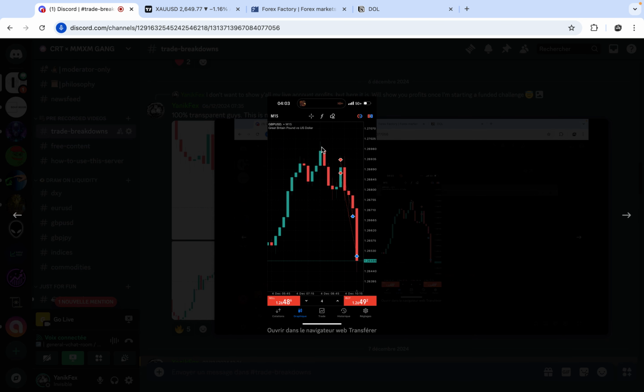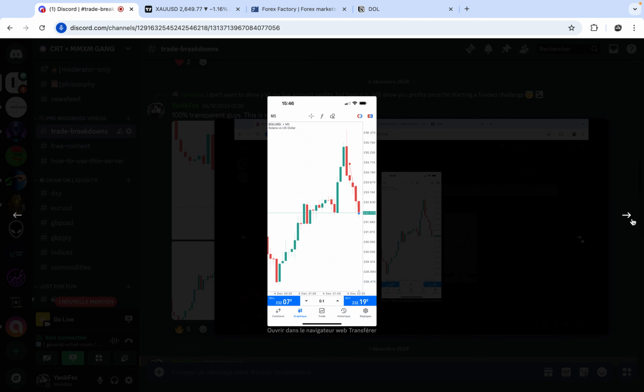You can see it here, 15 minute. That was a 4 hour CRT and then 15 minute model 1. Look, my entry is right here. Here, same thing. That was a 1 hour CRT, so 1 hour CRT, 5 minute model 1, entering right here at the order block.